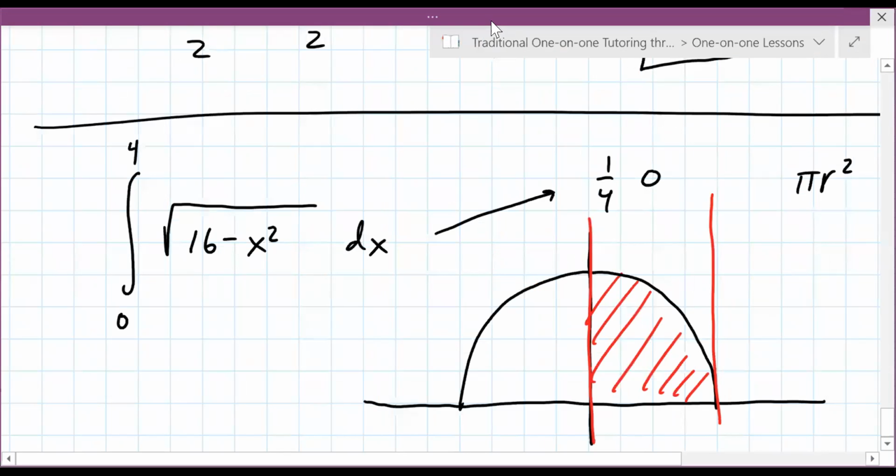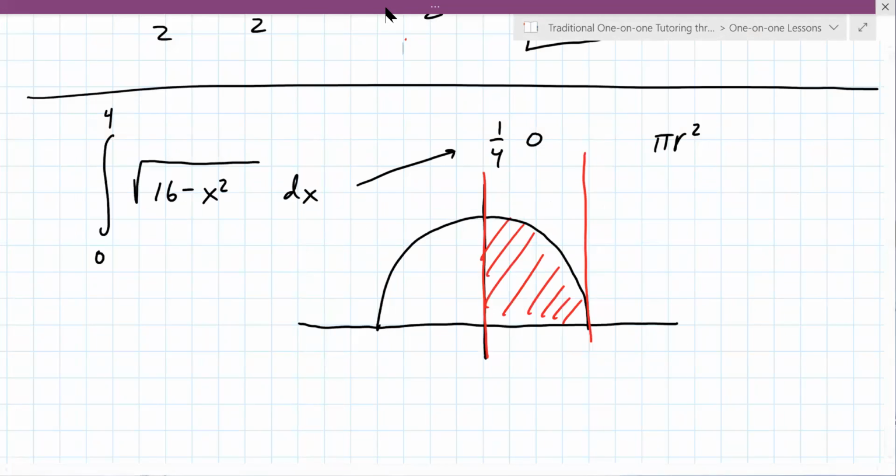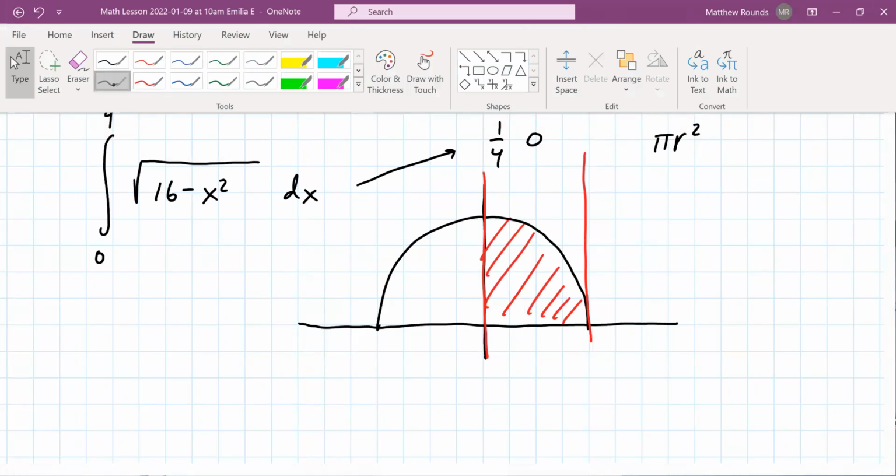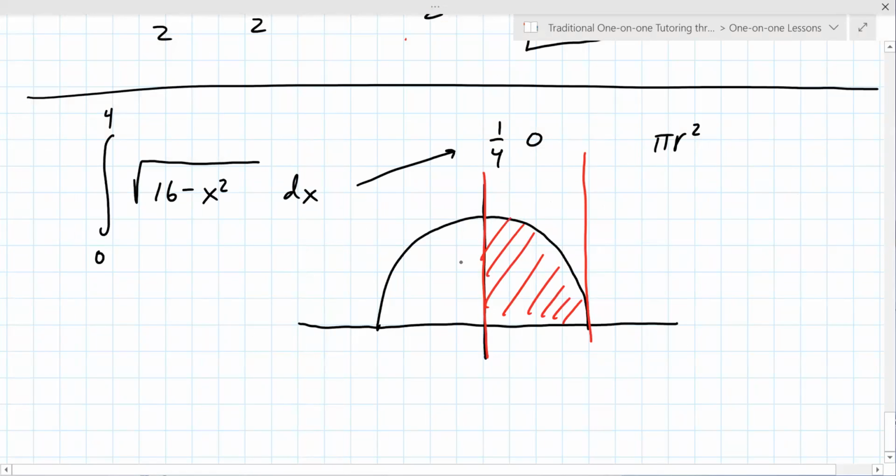Yeah, you want the quarter circle. You want pi r squared divided by 4 this time. So 4 pi. Okay.